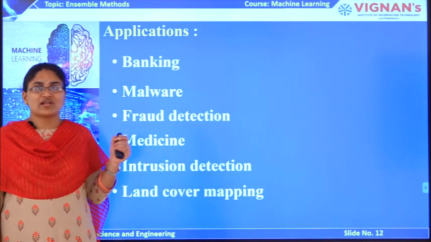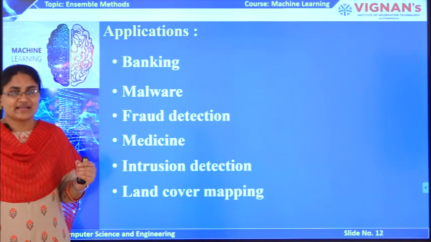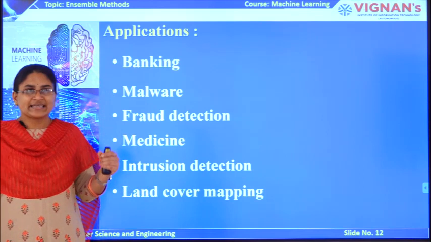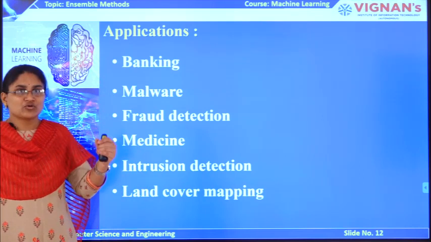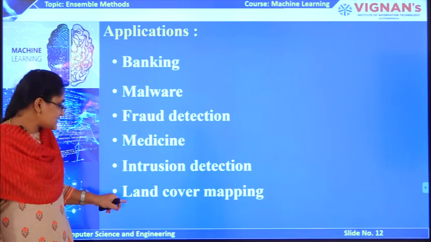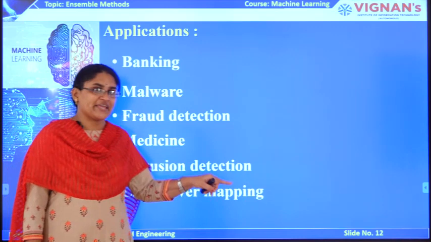The ensemble models are also used for intrusion detection in computer networks, for identification of intruders and finding anomaly codes with a lower error rate. And then next, the ensemble models are also used in land cover mapping.